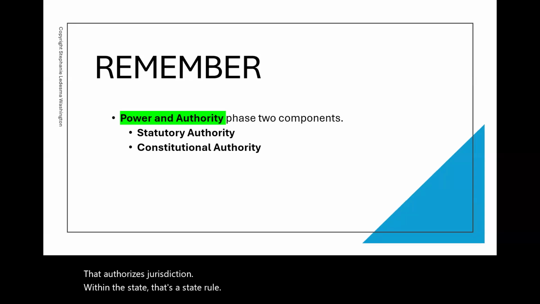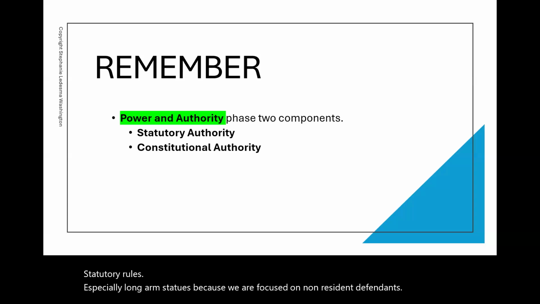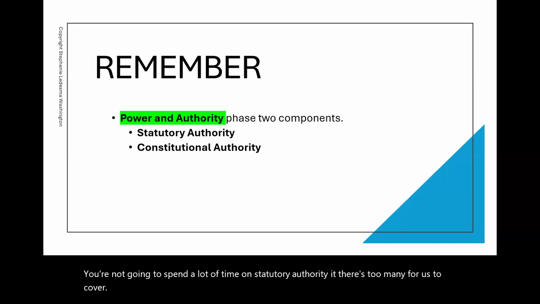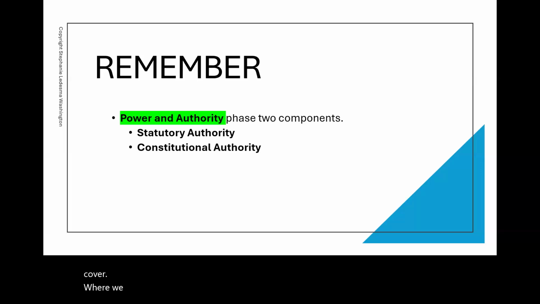With 50 states who may have 50 completely different statutory rules, especially long arm statutes, because we are focused on non-resident defendants, you're not going to spend a lot of time on statutory authority. There's too many for us to cover. However, where we will spend our time is on the constitutional authority.